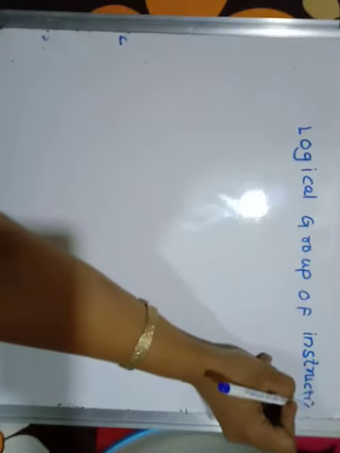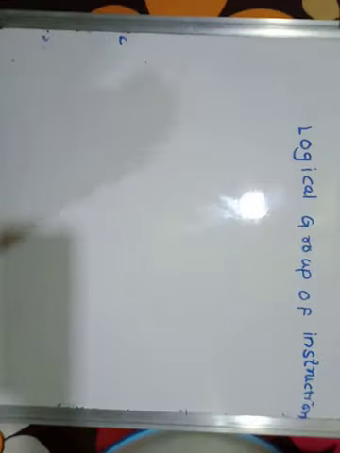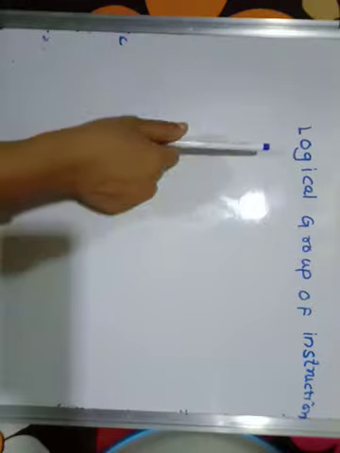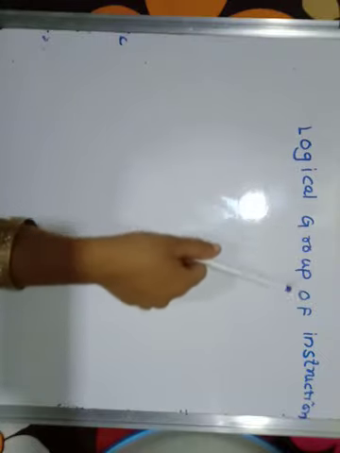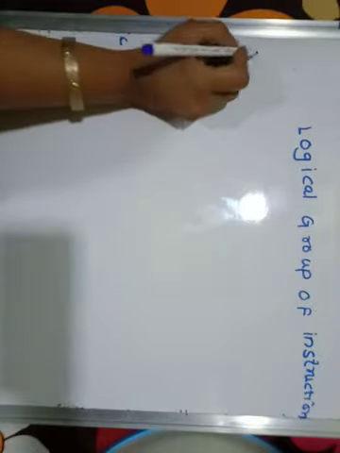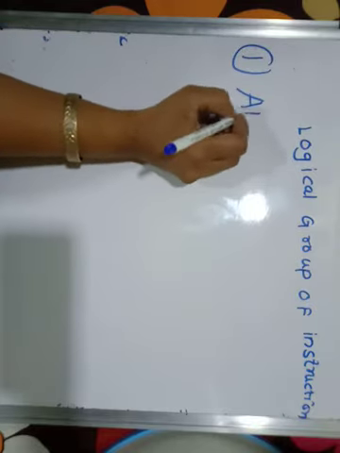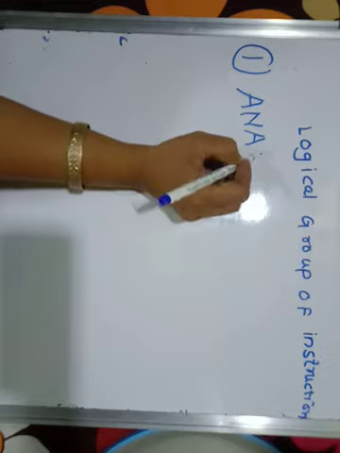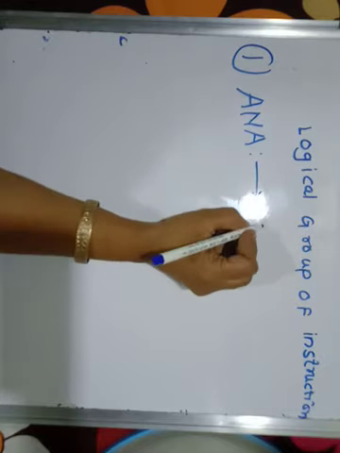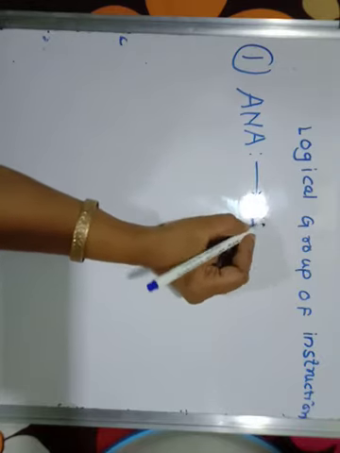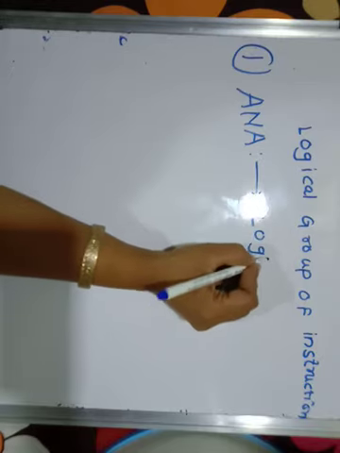As we have seen the two groups, that is data transfer and arithmetical group, now we are going to start the logical group of instruction. So in this we have the first instruction, that is ANA, and this ANA stands for logical AND with accumulator.